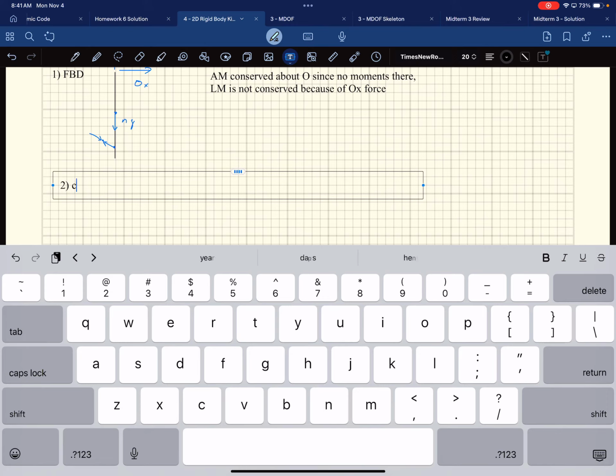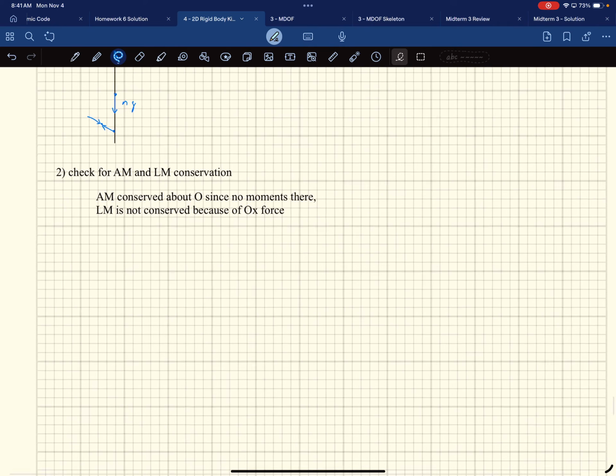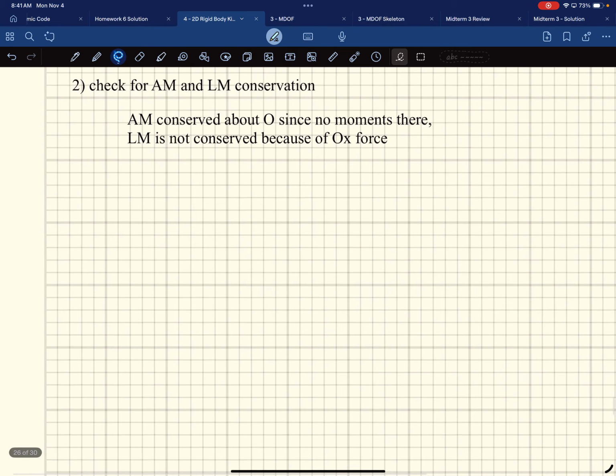I'm going to just be consistent: check for angular momentum and linear momentum, conservation. I'm going to move this down into that, because that's really step 2. And then the appropriate equation we want is the angular momentum.